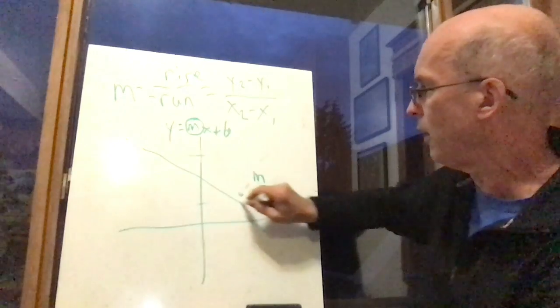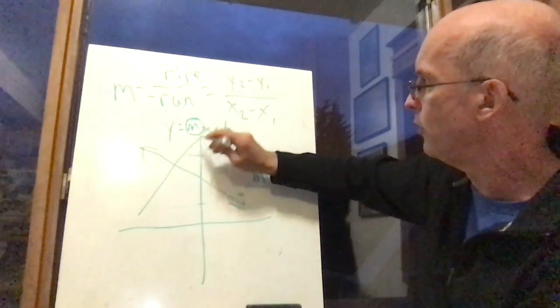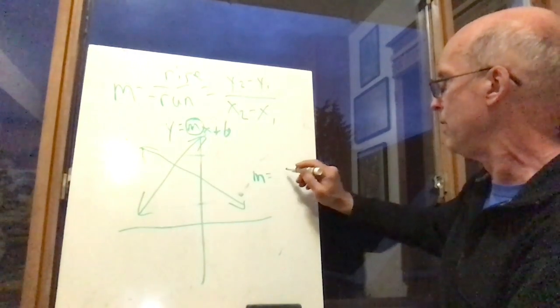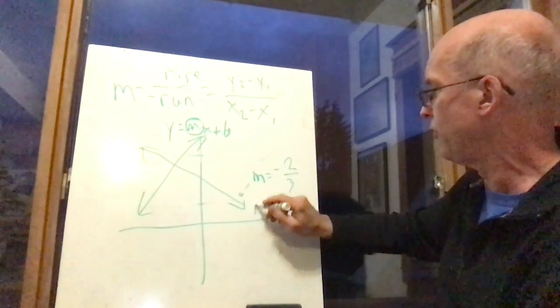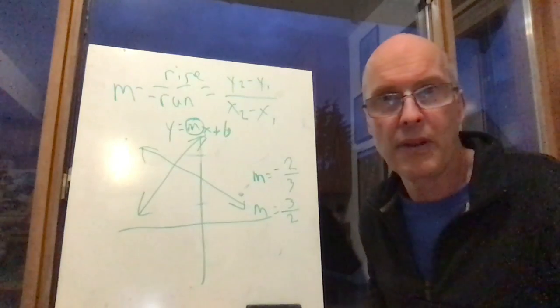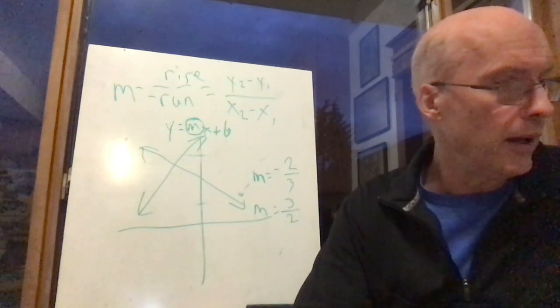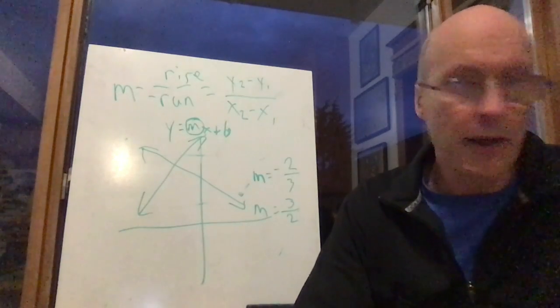If I drew one like this, then the perpendicular to it would go like that. So if this was a slope of negative 2/3, then its perpendicular is going to have a slope of positive 3/2. Should be review. I don't think this is going to cause you any problems. And that's about it. Okay.